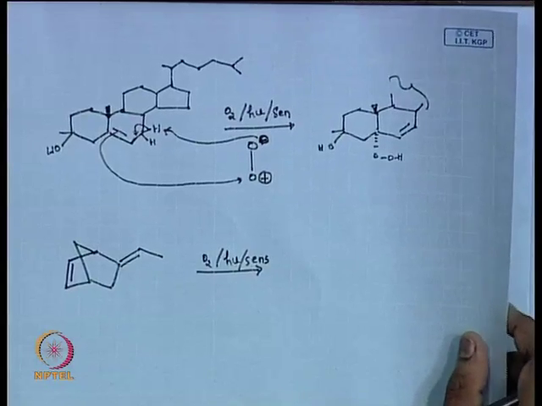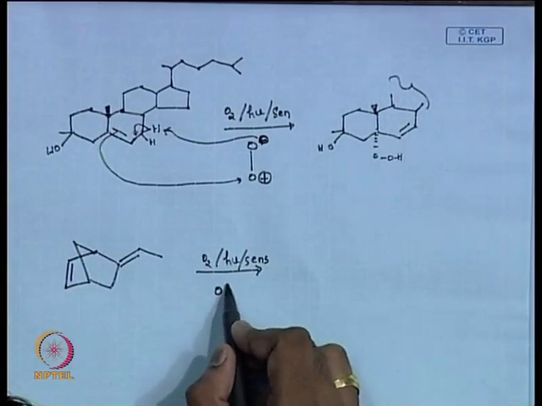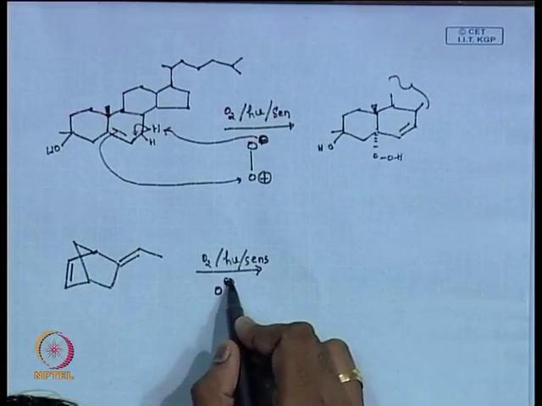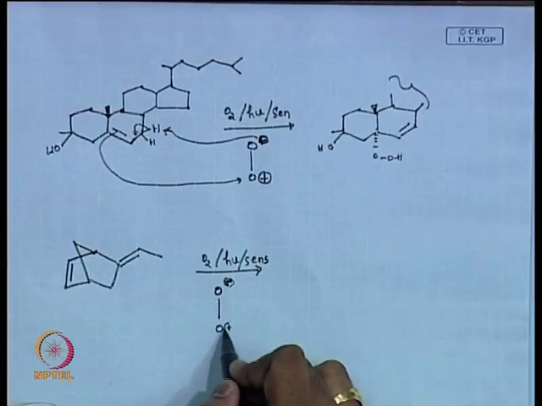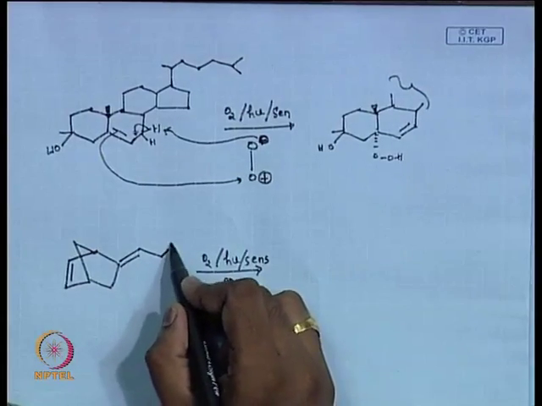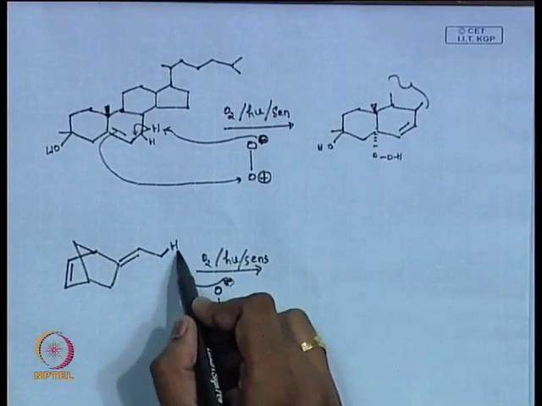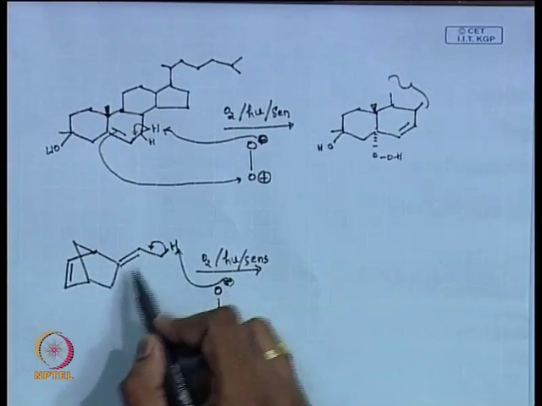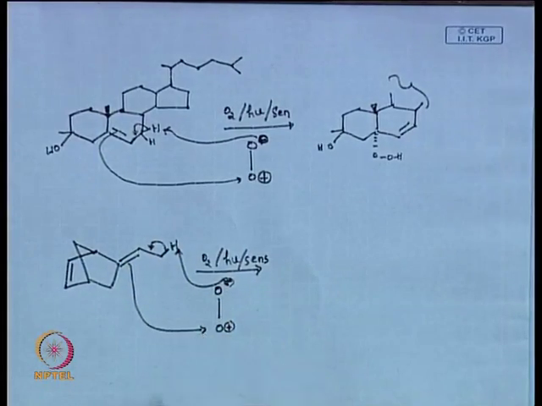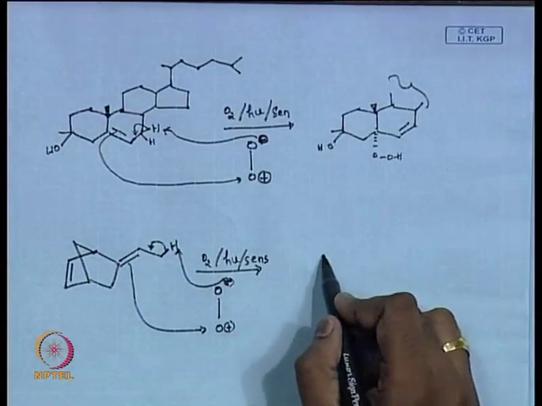Shall we write? So, in one case you have your O minus and your O plus. So you say that you can pick this hydrogen, which is allylic. So you can take this up, make a double bond. This can be in 2 ways.